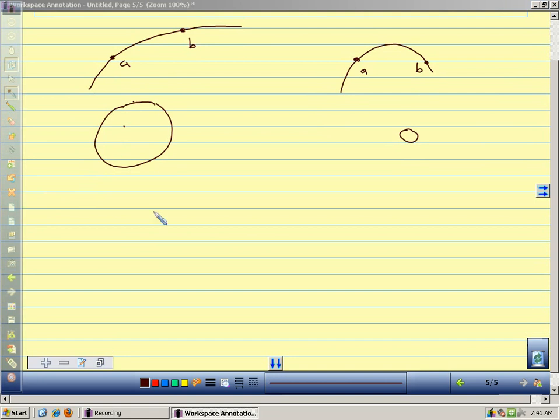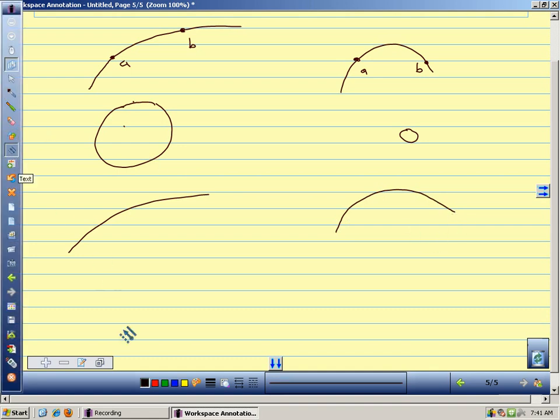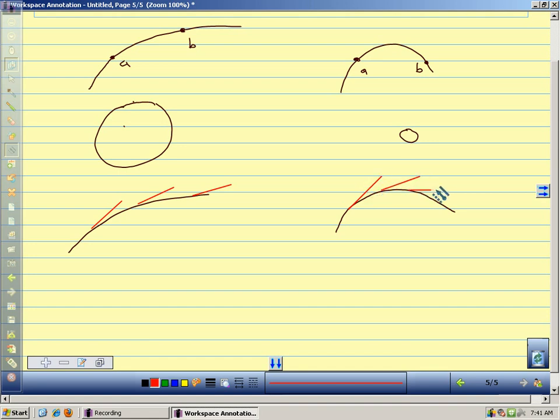Let me draw another couple of curves. Okay, Scott said something that makes sense to me. Let me draw a couple of things in here, so I've drawn in some tangent vectors.